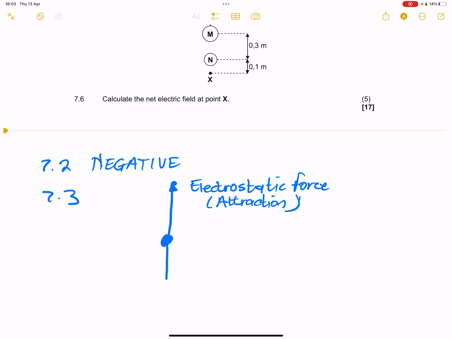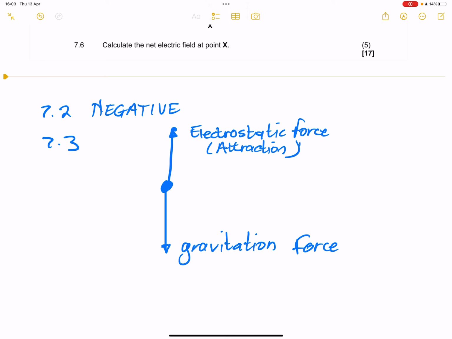And we also have gravitational force. Those are the only 2 forces that we have. Remember, because it's only those 2 forces and N is at equilibrium, those 2 forces have to be equal to one another. It's out of 2 marks, so we're expecting that we should have 2 forces there.